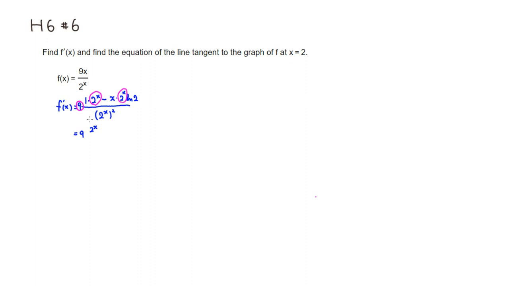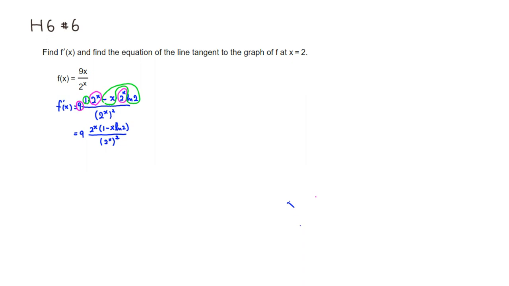There's nothing else in common on top, so I'm going to collect the leftover factors. 1 from the first term, then negative natural log of 2 and x. So I'll probably just put the negative x times natural log of 2. Then on the bottom, you still have 2 to the x squared.